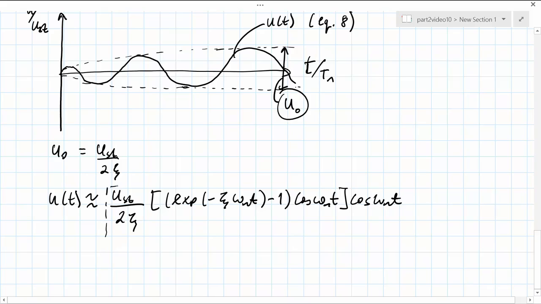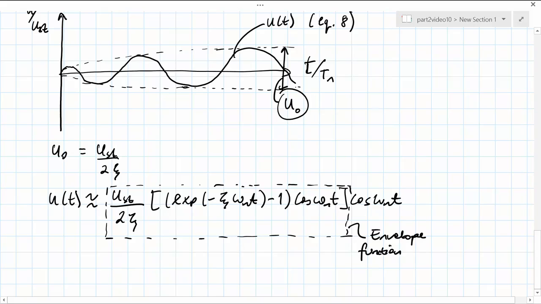This term that I'm outlining here with the dashed line is what we call the envelope function, which is shown here on this graph with the dotted line.